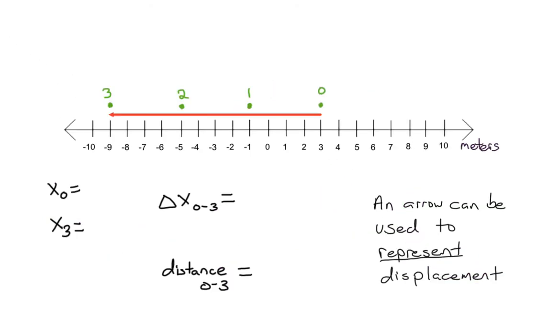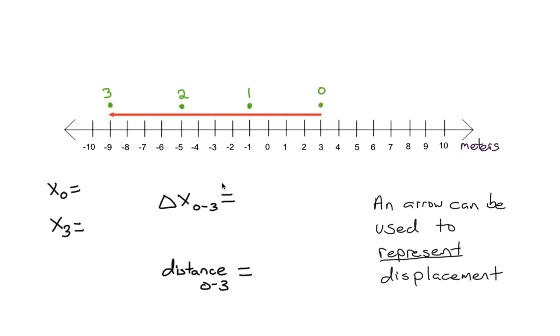So one other thing that we can do is we can use an arrow to represent displacement. And here's a case that's a little bit different than the other ones. Here's time 0 seconds, 1 second, 2 seconds, 3 seconds. I think you'll see this time the object is moving to the left.